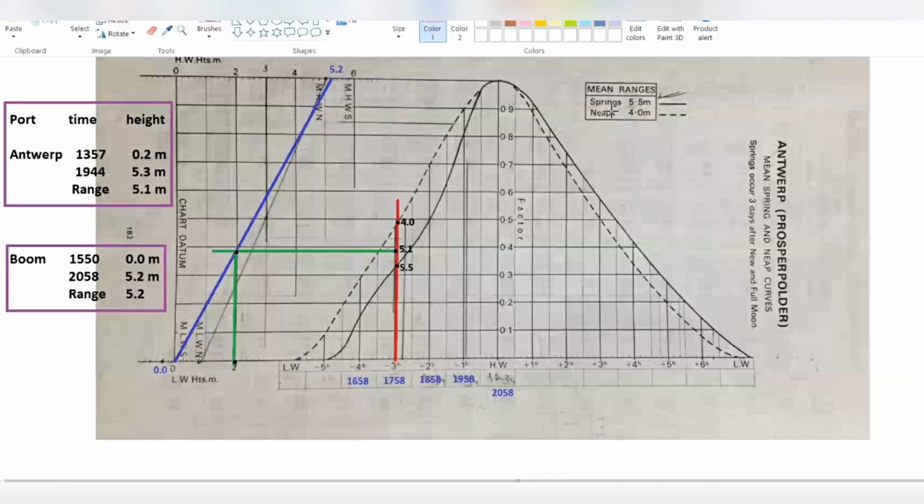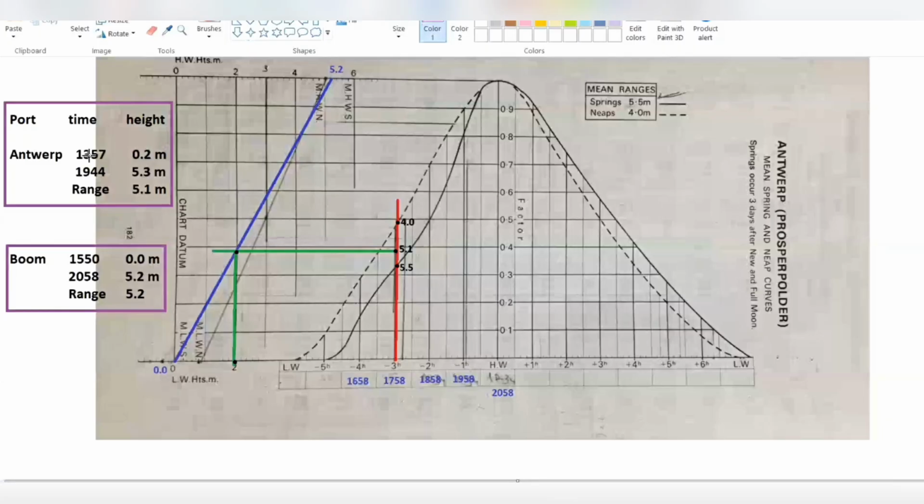So don't you think interpolation should also be done for the range of the standard port? Remember, this curve is not for Boom. This curve is for what place? Antwerp. So you are using spring of Antwerp, neap of Antwerp. So interpolation also should be between the range of Antwerp, no? Okay, so we'll take the approximate time and range, because times and heights are no different, approximate, because this is high water, low water always, no?